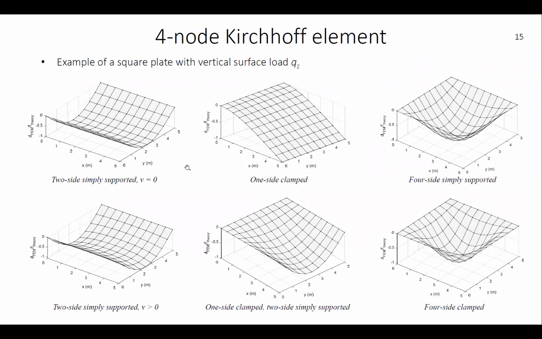So if we have a square plate, in this case 5 by 5 meters, and apply some evenly distributed surface load on it, we can test these elements for different elementary cases. The simplest one would be if we have 0 Poisson's ratio and 2 sides simply supported.